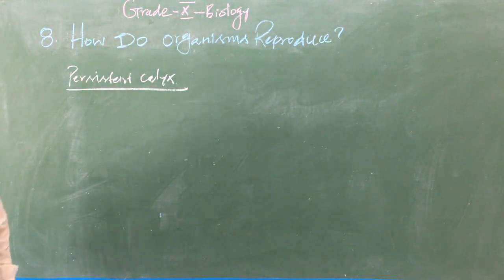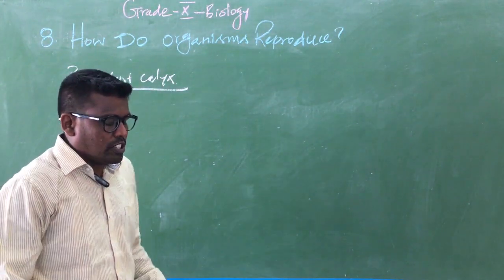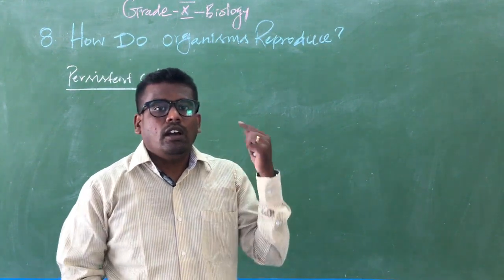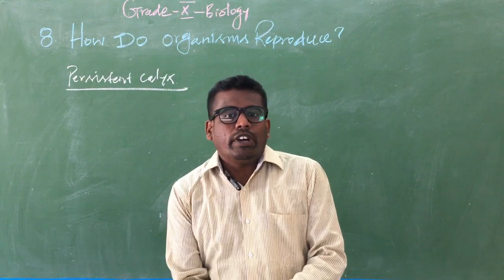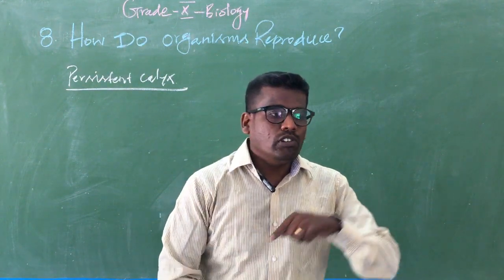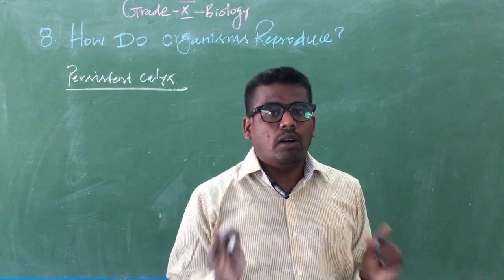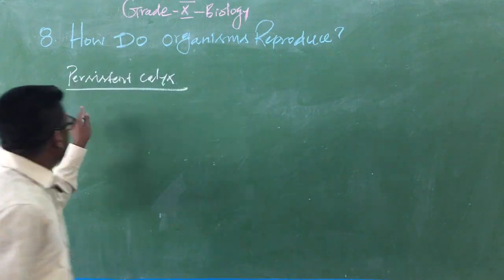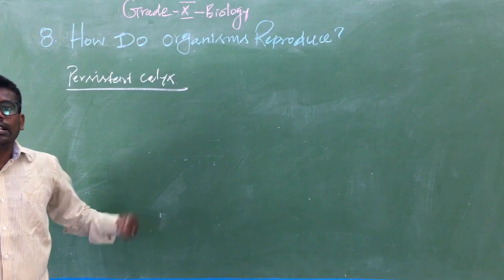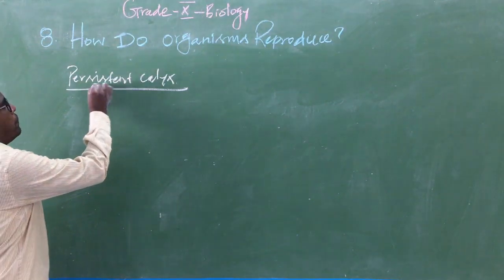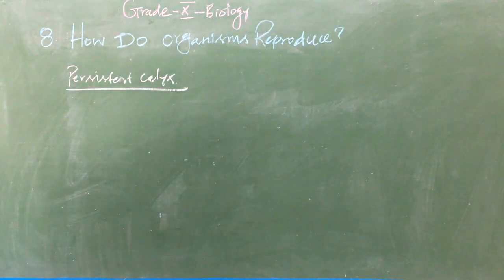So after fertilization, the calyx and corolla shrivel and fall off, the ovary develops into fruit and the ovule develops into seeds. This is common. Sometimes in some plants the calyx remains. That is called persistent calyx.